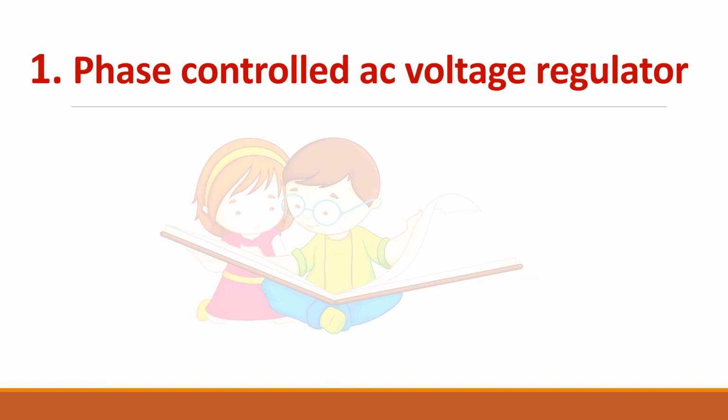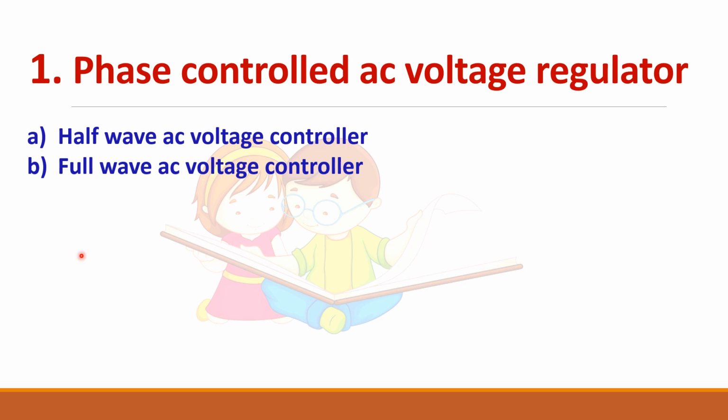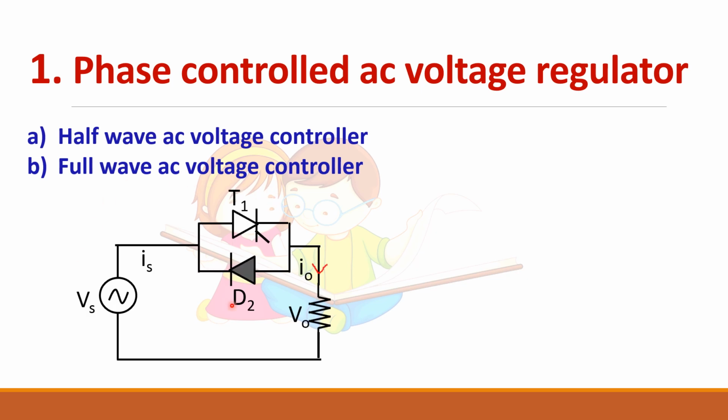In phase control AC voltage regulator, there are two types: half wave AC voltage regulator and full wave AC voltage regulator. In a half wave AC regulator, you can see there are two devices in anti-parallel. One is a thyristor and the other one is a diode. We know a diode is an uncontrolled device.